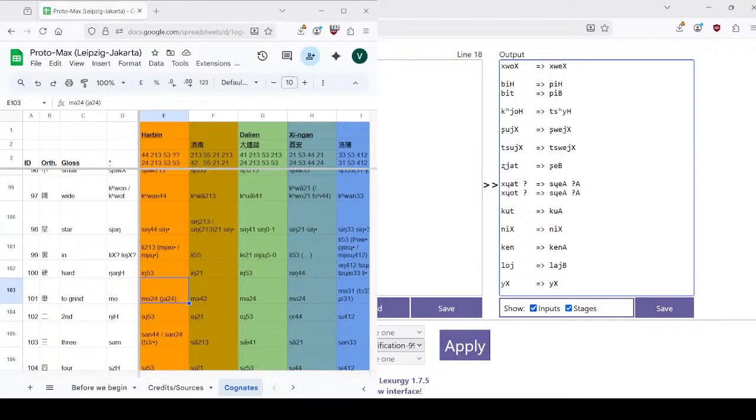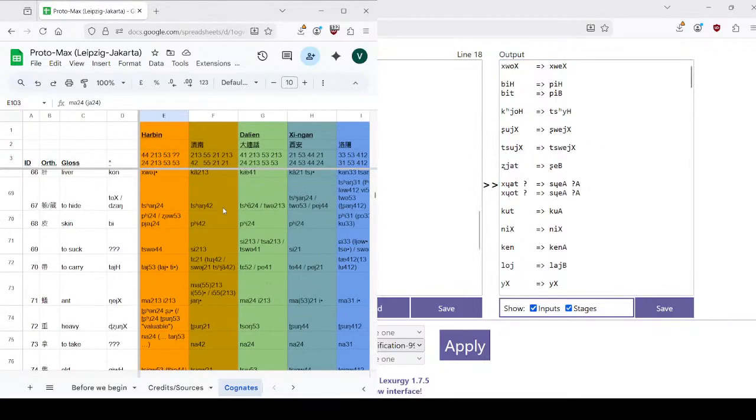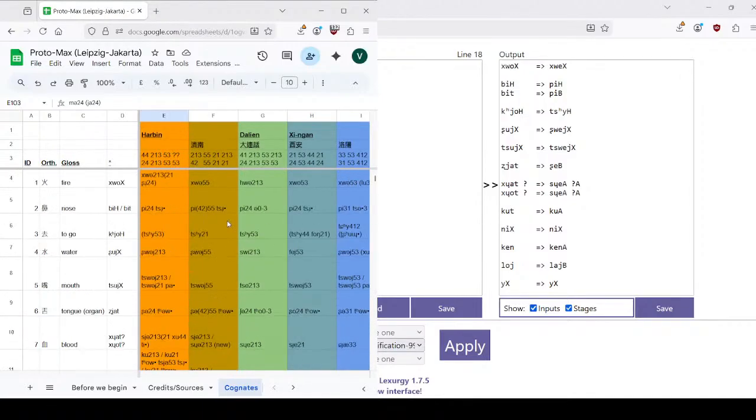Okay, so looking at these, let's start from the top again. With 火, at this point, we should just unapply that.